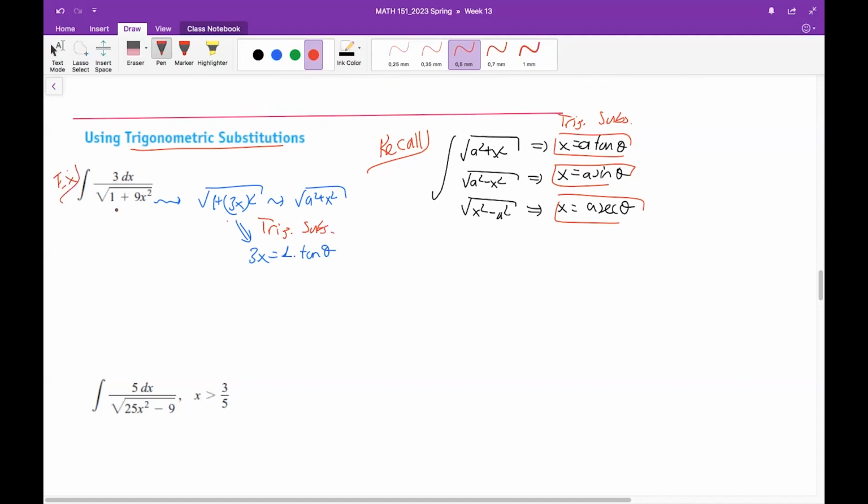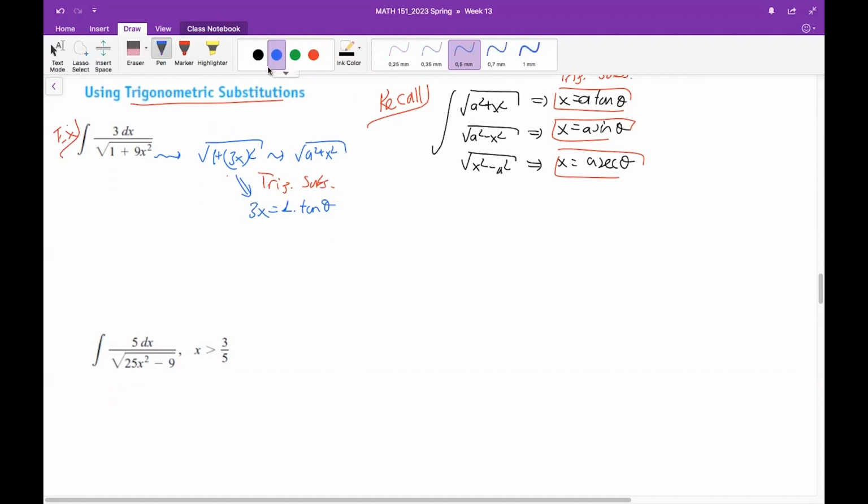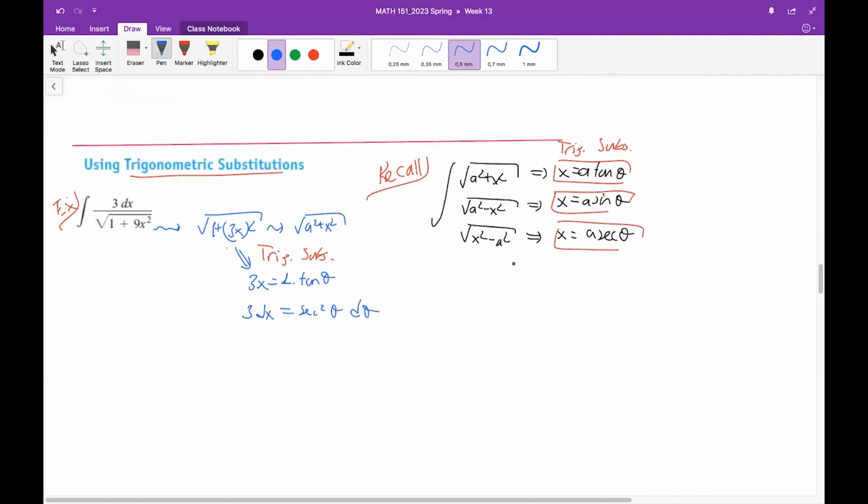Okay, let's apply it. How to apply it? Of course, you will take the derivative of both sides. 3dx is, what is the derivative of tangent? It is secant squared theta d theta. Then let's transform our integral, which is in terms of the variable x, to a new integral, which will depend on theta. Be careful, by using trigonometric substitution, you will move from the x variable to the new variable theta.